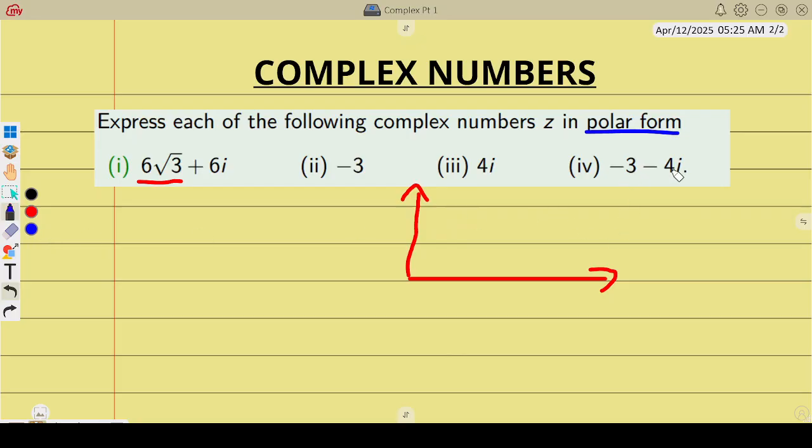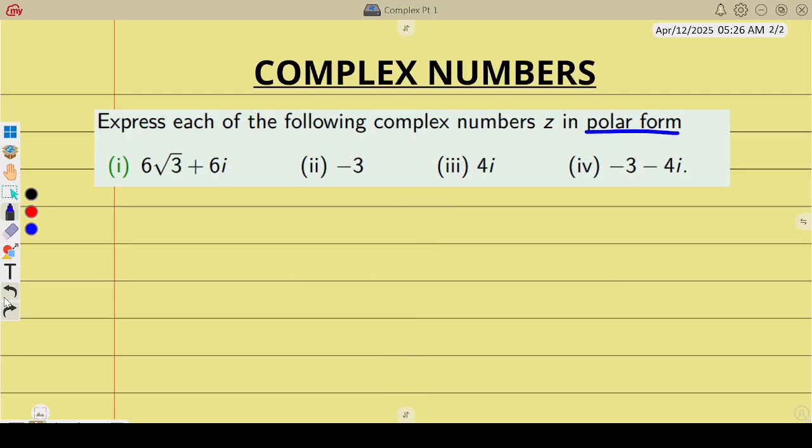When x is negative, it goes to the left, and when y is negative, it goes down. So always know that upwards and to the right is positive, and downwards and to the left is negative.